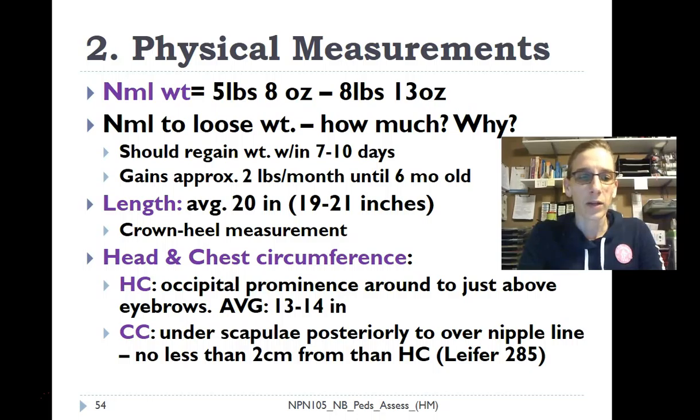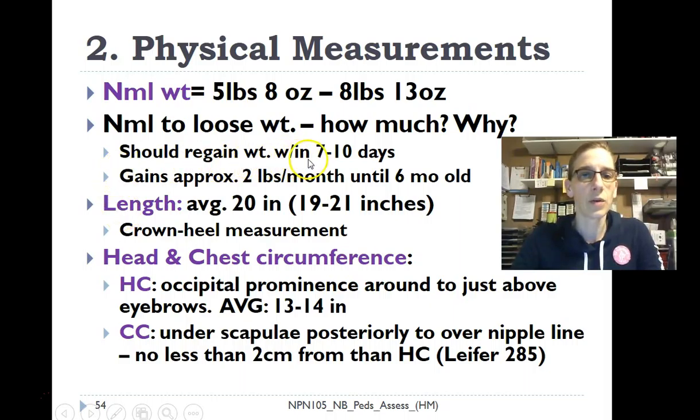Now, the birth weight will double by 5 to 6 months of age and will triple by the time they're 1 year old. Okay? So let's say our 8-pound baby at 5 to 6 months of age should weigh 16 pounds, and by 1 year should weigh 24 pounds, approximately.